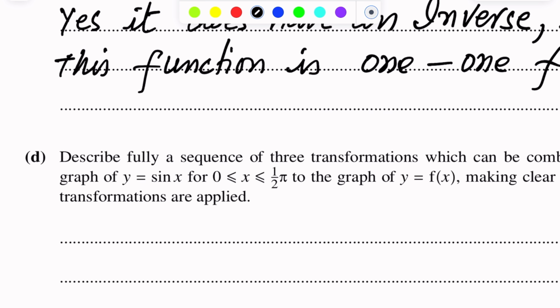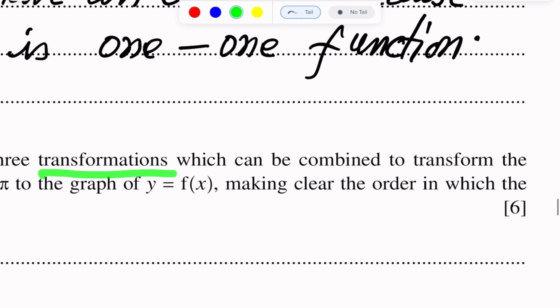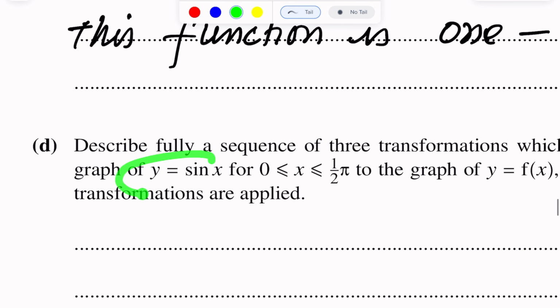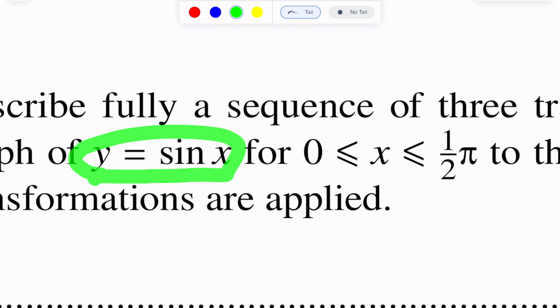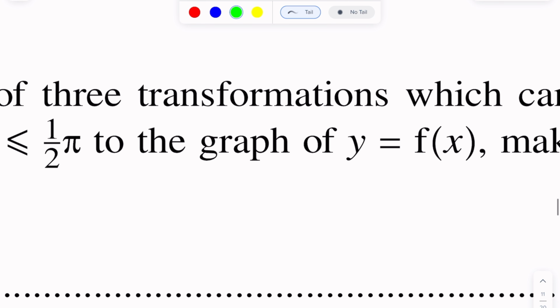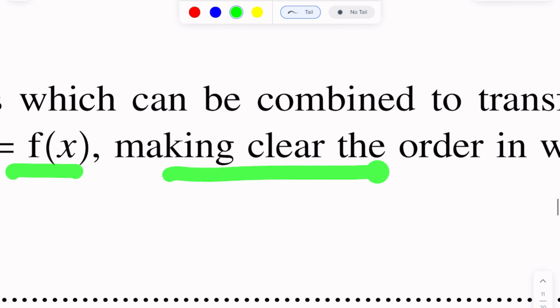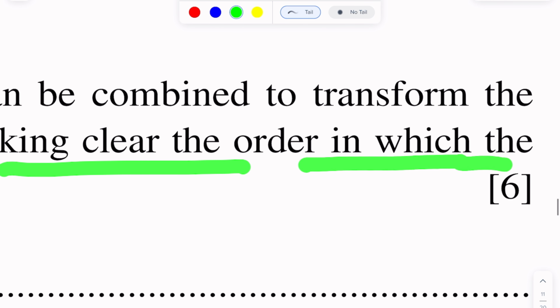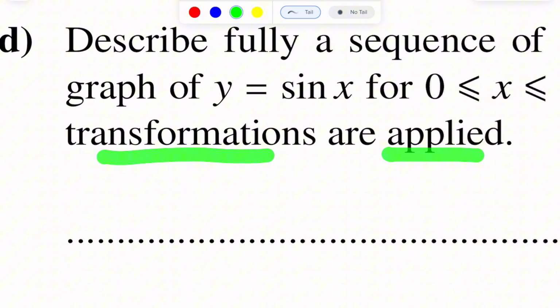Now next is part D. Describe fully the sequence of three transformations which can be combined to transform the graph of y is equal to sin x, the basic graph for 0 to pi by 2, to the graph of y is equal to f(x), making clear the order in which the transformations are applied.